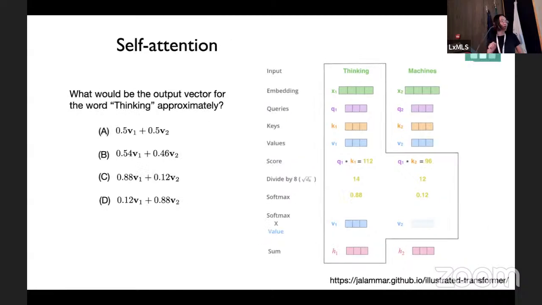This is actually a quiz I used in my class, but I just want to check that people are following me here. For the example I show here, what should be the output vector for the word thinking? A, B, C, D. The first word is thinking, the second word is machine.